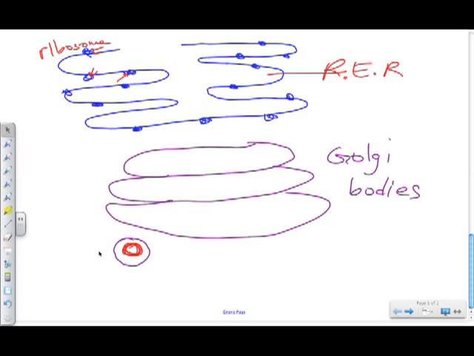Now this here is what we refer to as our secretory vesicle.